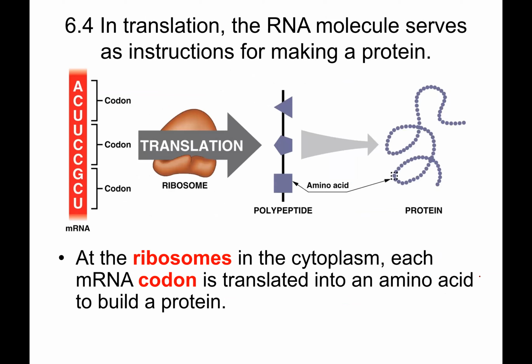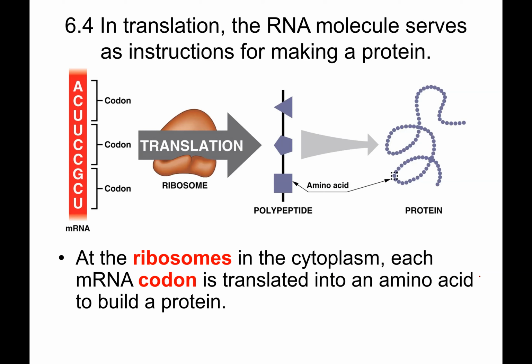Okay, so in translation, after you have made your mRNA molecule in the nucleus through transcription, it leaves the nucleus, enters into the cytoplasm, and then the mRNA is translated into an amino acid sequence, which builds a protein.